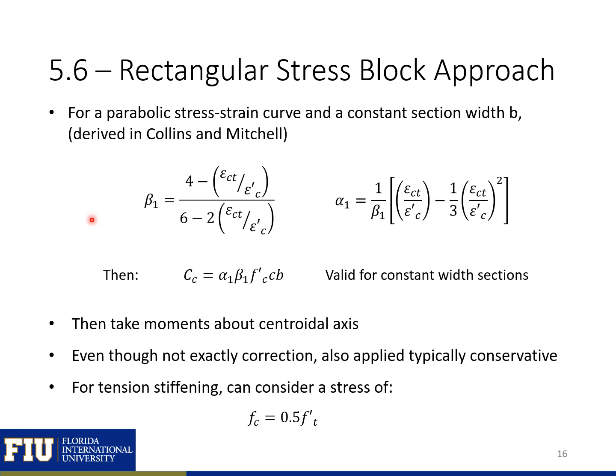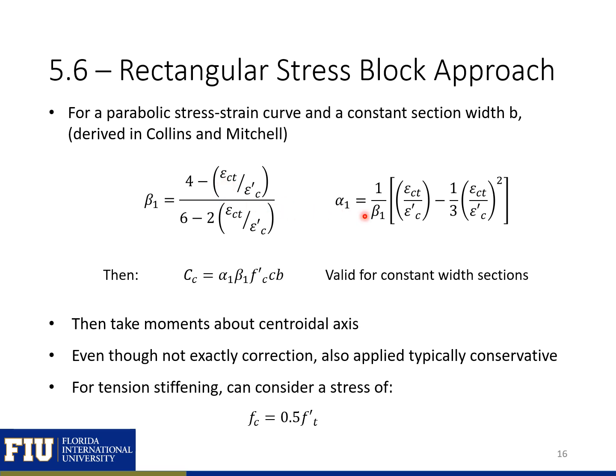Collins and Mitchell give us approximate equations for our beta 1 and alpha 1 dependent on the strain in the concrete at ultimate strength. So this epsilon prime C, which may also be written as epsilon naught, and the top fiber strain in the concrete, so epsilon C T, or the tension fiber strain.